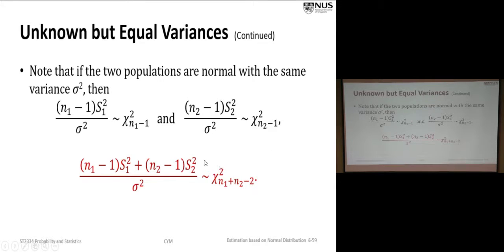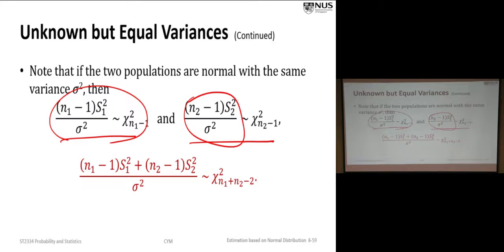So here I just make it more clear mathematically. This follows a chi-square. This follows a chi-square. And two independent chi-squares add together, so it follows a chi-square.